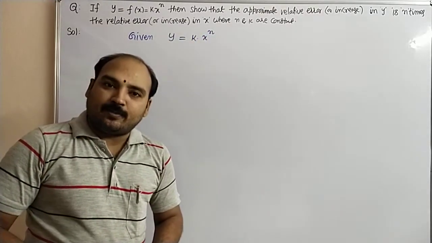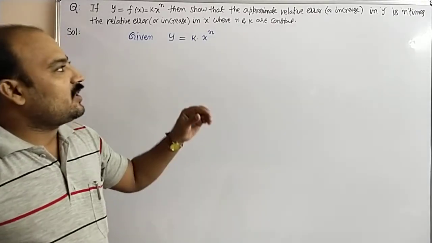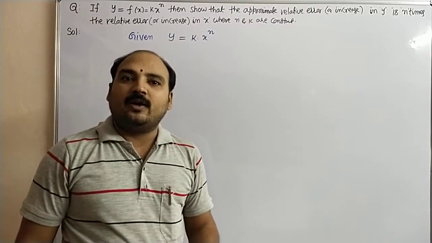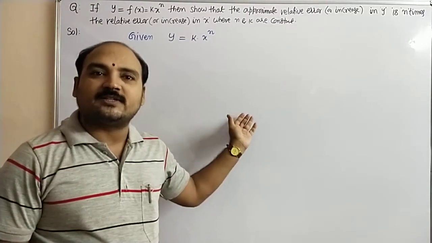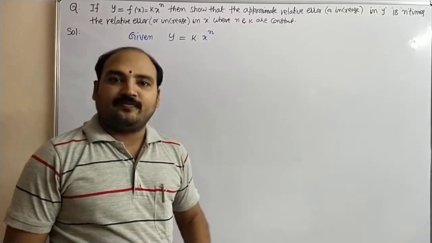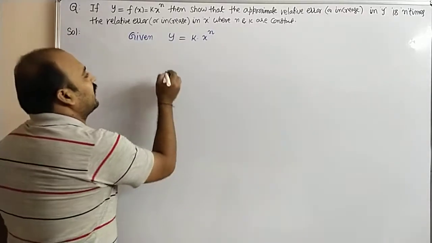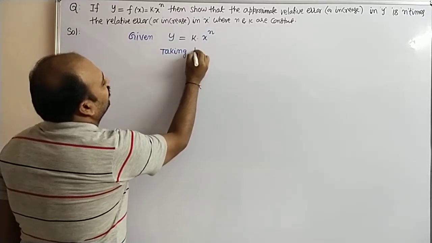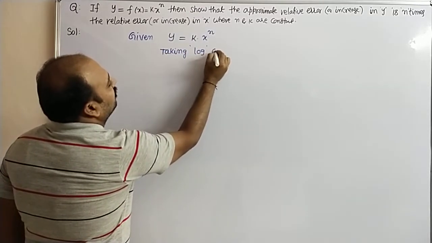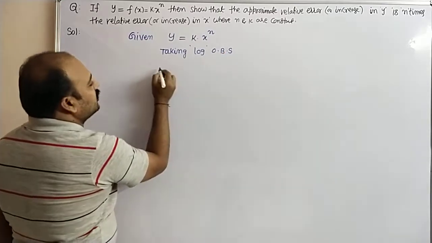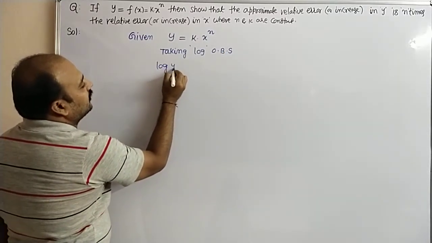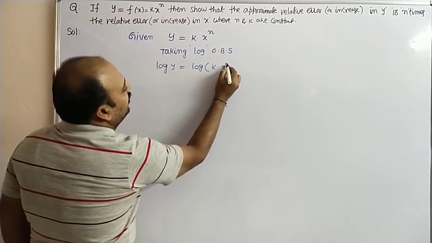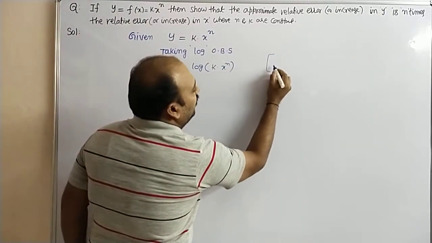I already said in previous sessions, whenever they are asking to calculate relative error or percentage error, you have to take log on both sides and then differentiate. So taking log on both sides, it will become log y is equal to log k into x power n. Here we are going to apply log AB.